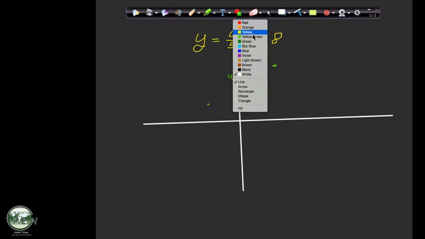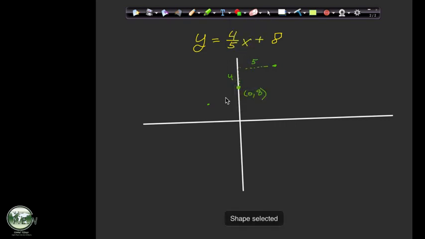Let's make the line red. There it is. I'll go this way. Get one nice line. There we go. We've got our sketched line.